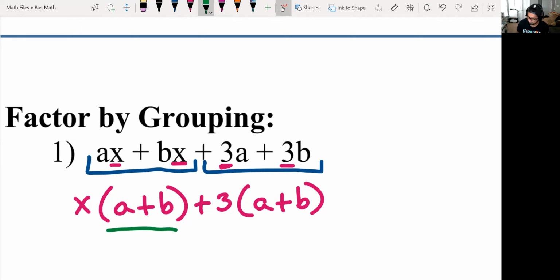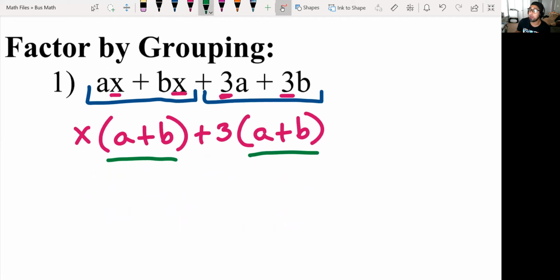Does this term look exactly like that term? Are these terms common? Are these terms the same? And that answer is yes. So if we have a common factor of a plus b, well then guess what we can do with it? We can factor it out.